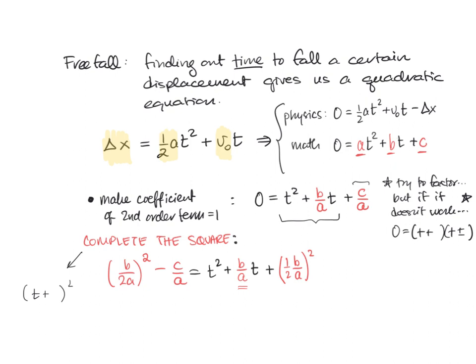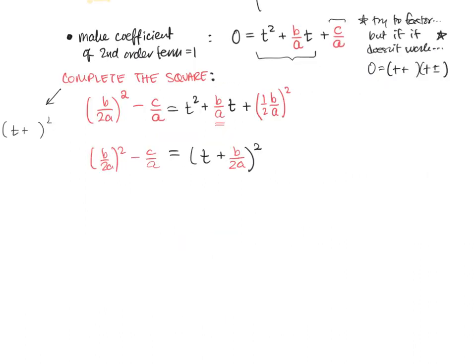I've added the same term to both sides of our equation. And now that I have done my due diligence, I can write this right-hand side as a square. So it's t plus b over 2a, all squared.